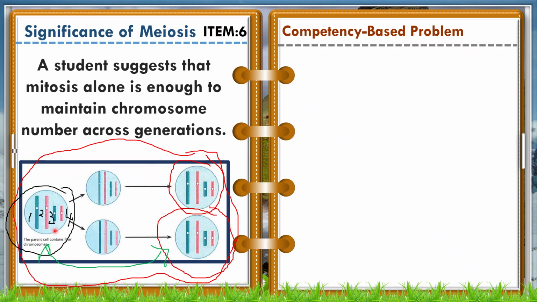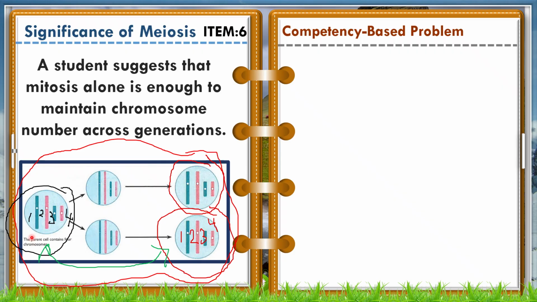When you look here, this one has 1, 2, 3, 4 chromosomes, and this one also has 1, 2, 3, and 4. So the parent cell has 4 chromosomes, and the daughter cells also have 4 chromosomes.